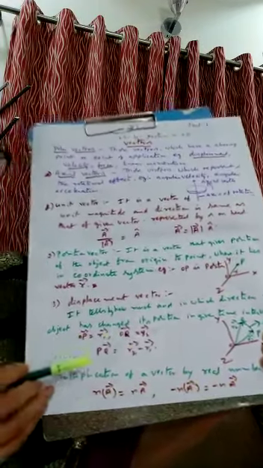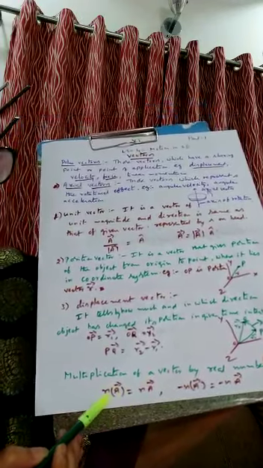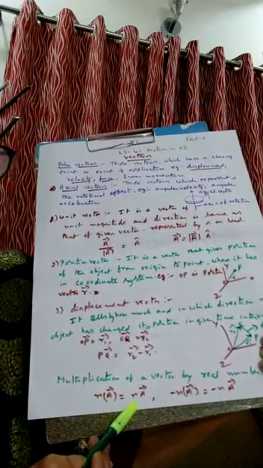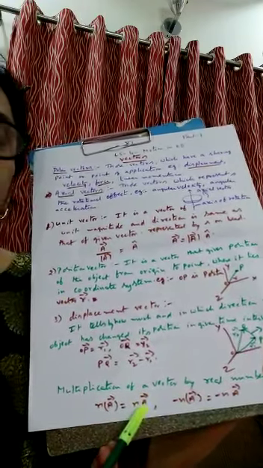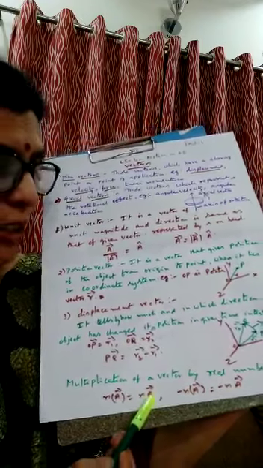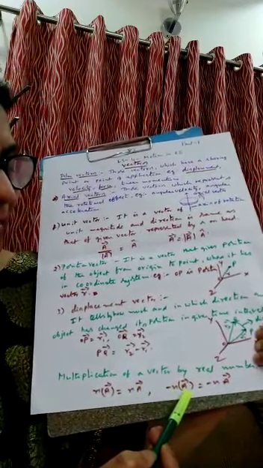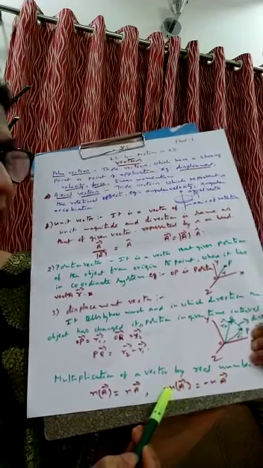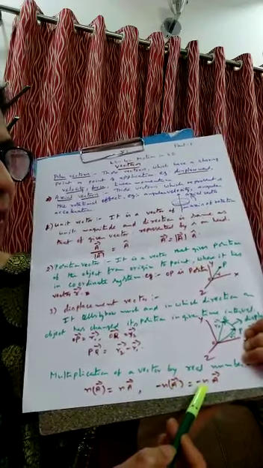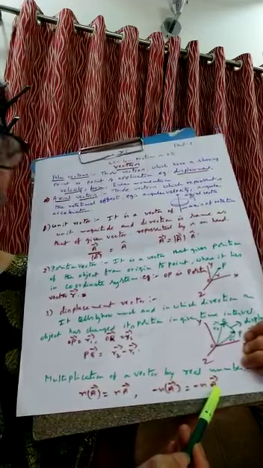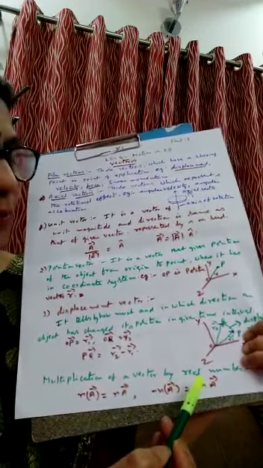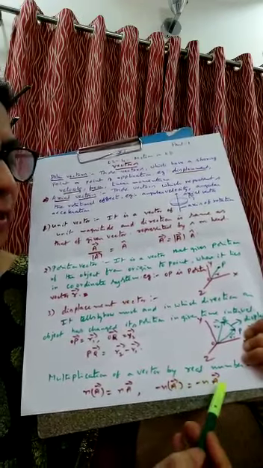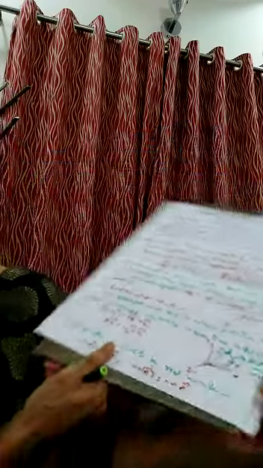Suppose I have taken a vector A and I multiply it by a number n. Then its magnitude will increase n times, but the direction will remain the same. Suppose I multiply the vector by minus n, then the direction will be opposite to that of A. Got it? So till now we have studied what the vectors are.